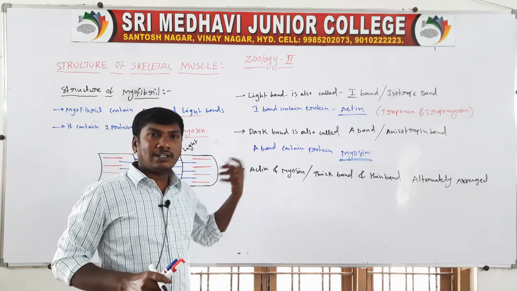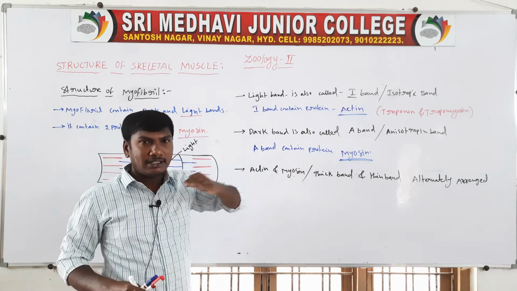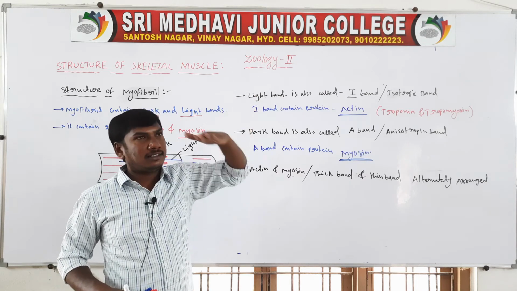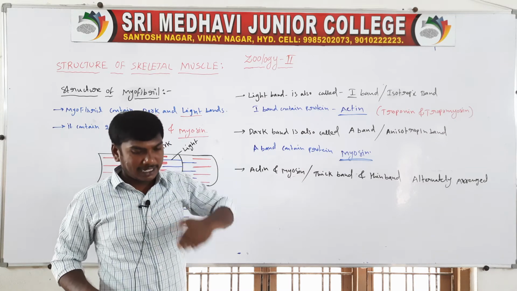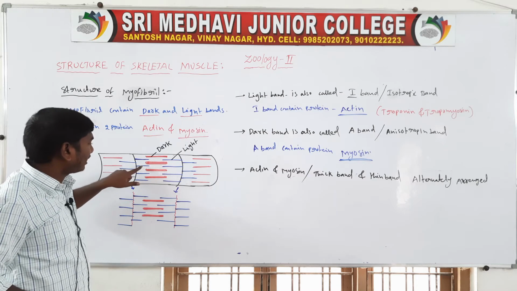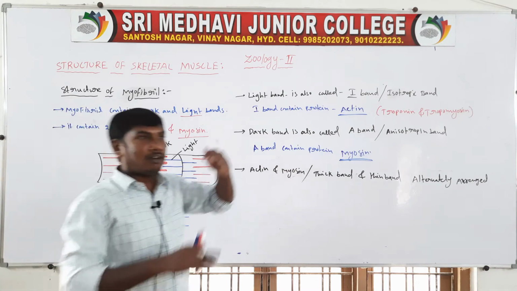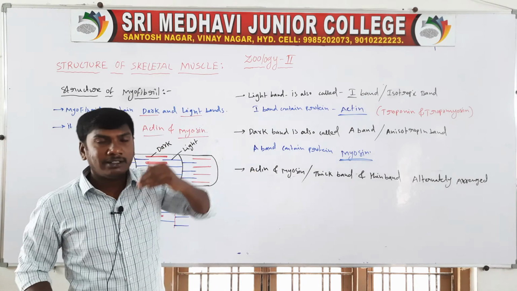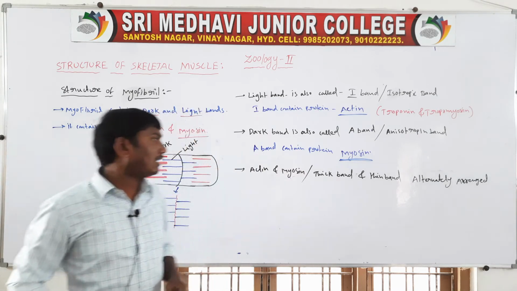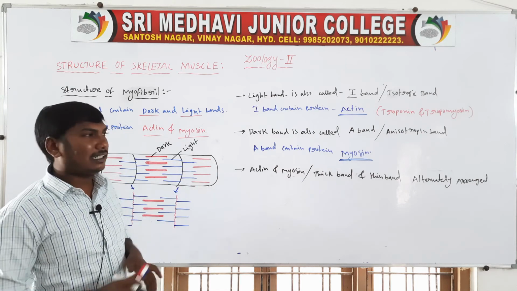This muscle is called striated muscle because of the arrangement of one light band, then a dark band, light band, dark band, light, dark, light. They are regularly arranged, one by one, light band and dark band. So this muscle is called striated muscle. The skeletal muscle is also called striated muscle.